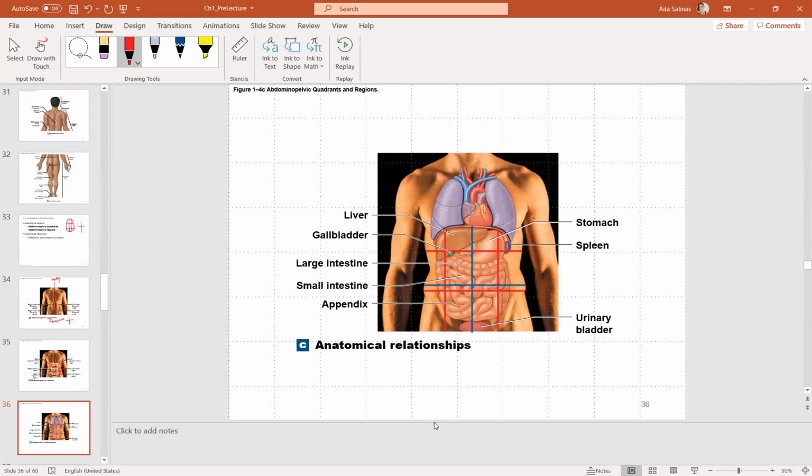Most of the small intestine is located in the pubic region. We have, almost on the left side, the urinary bladder. Well, it's right in the middle, but we can give some directions. Here in this hypogastric, we have the spleen.